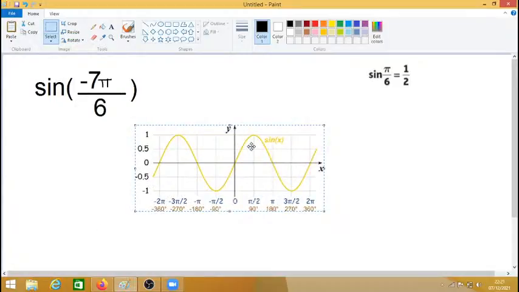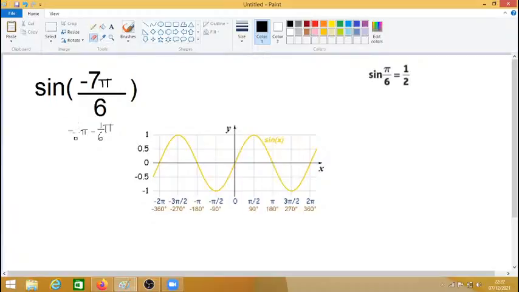Now on that sine graph, you want to be able to spot where minus 7 pi over 6 is. Like I said a second ago, minus 7 pi over 6 is really minus 6 over 6 pi, that's minus pi, take away another 1 over 6 pi. So from 0, we go leftwards until we reach minus pi, because 6 over 6 is just 1.